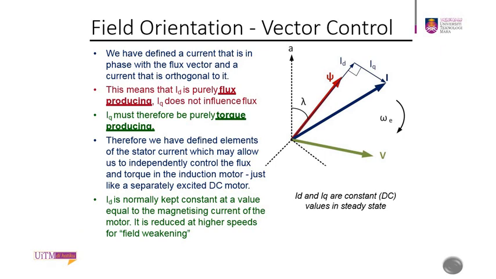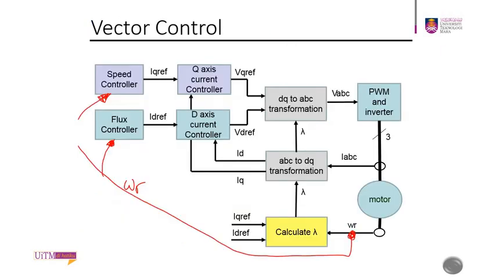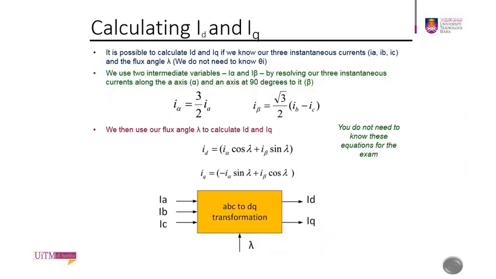And if we look at the control, you have your DQ to phase A, phase B, phase C transformation, red, yellow, blue, or ABC transformation. Then it will convert into your PWM and inverter. So this will be the speed control, and it is used to calculate the ID and IQ.